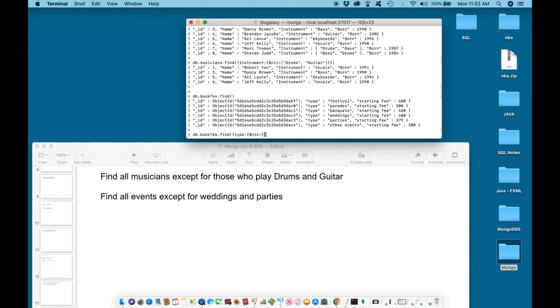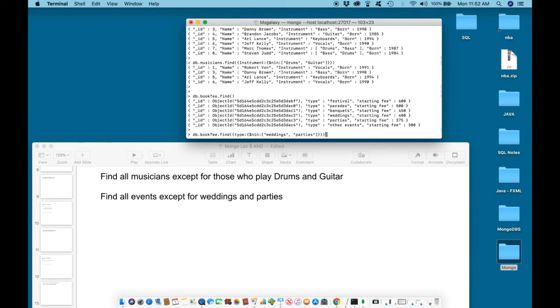In this case, it is weddings and it is parties. Closing bracket, closing curly brackets, closing parentheses.